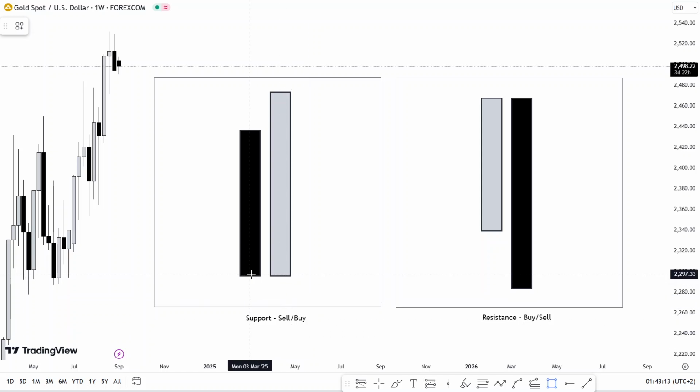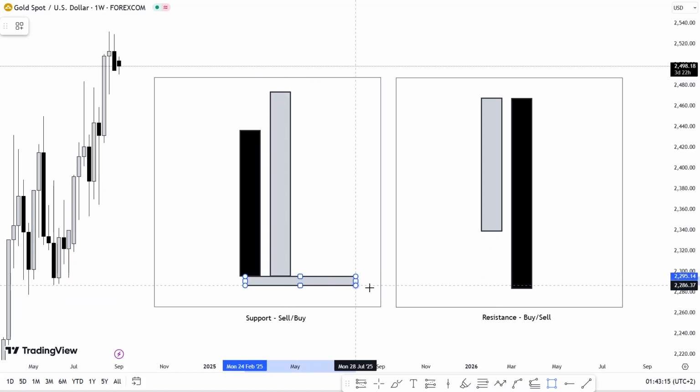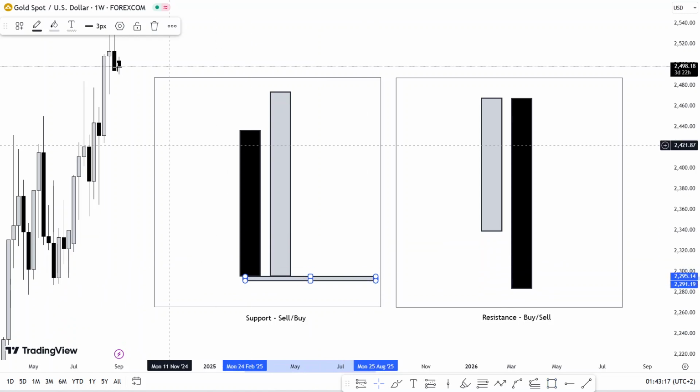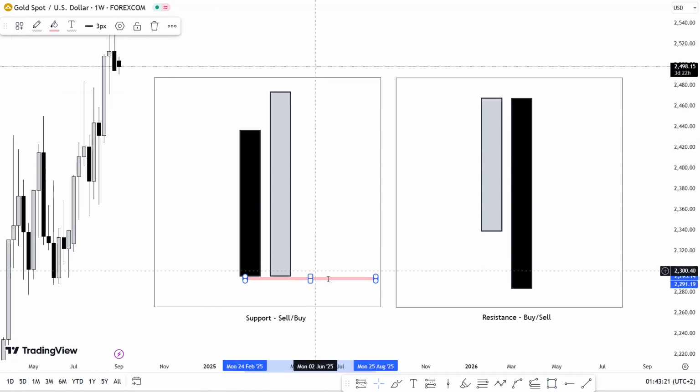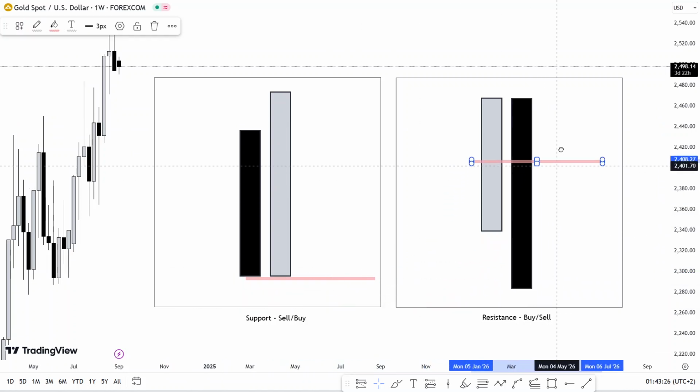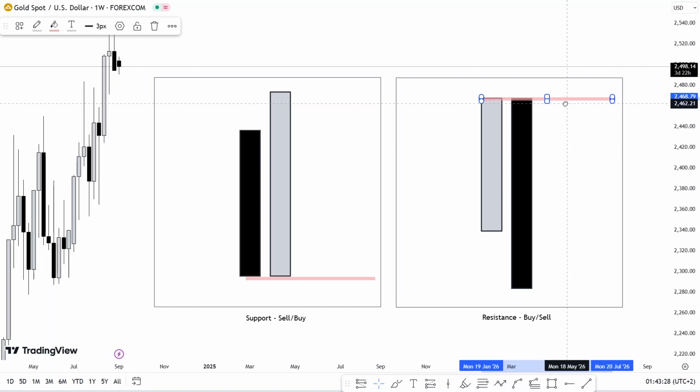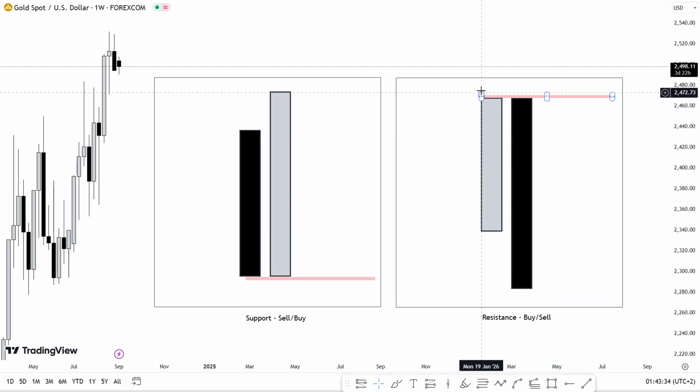That's your support, right? I want to show you. This is your support level, marking it from the close of the first candle. And then your resistance, you basically do the same thing. You mark it from the close of the first candle, which is this bullish candle right here.